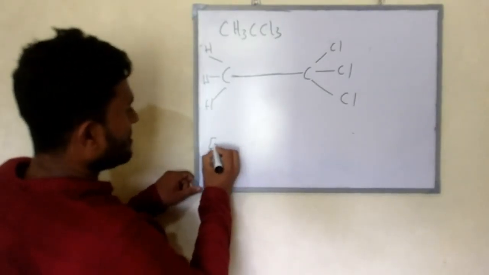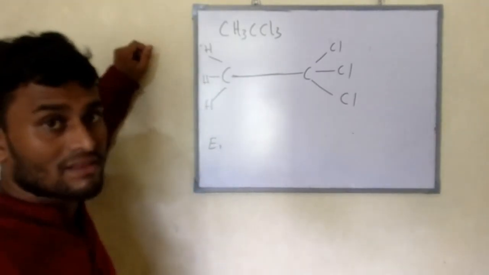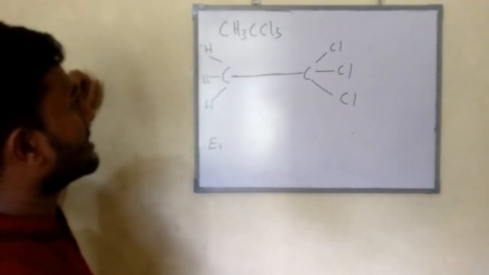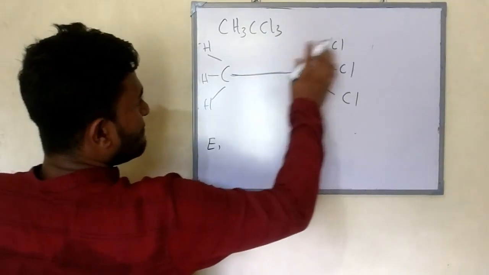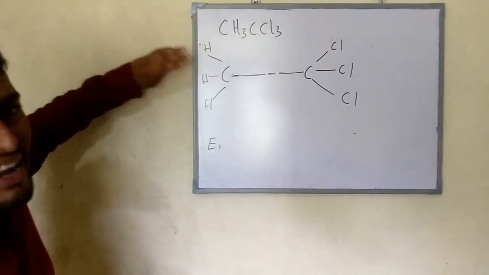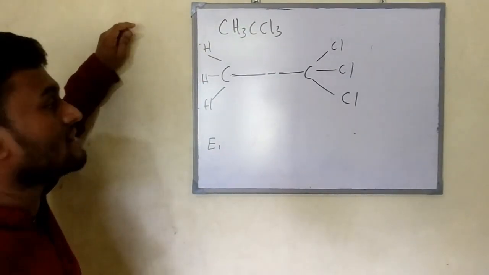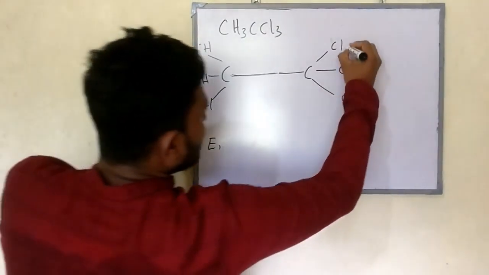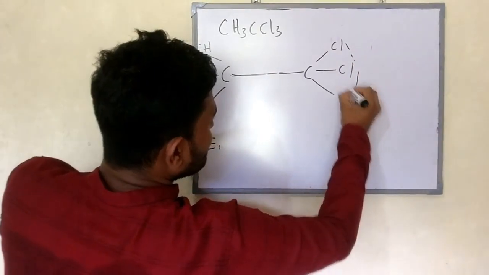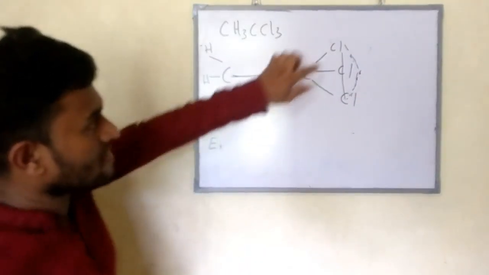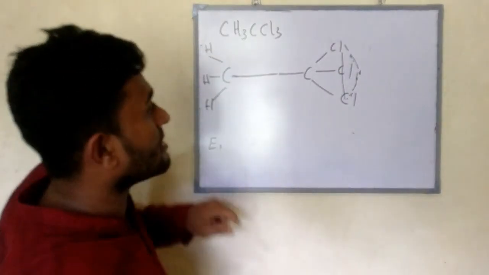E is possible, but plane of symmetry is not possible. You can't take any plane like this. And if you just forget about this part, this just looks like a CH4 molecule, a tetrahedral molecule. For a tetrahedral molecule, these three things just look like a pyramid.